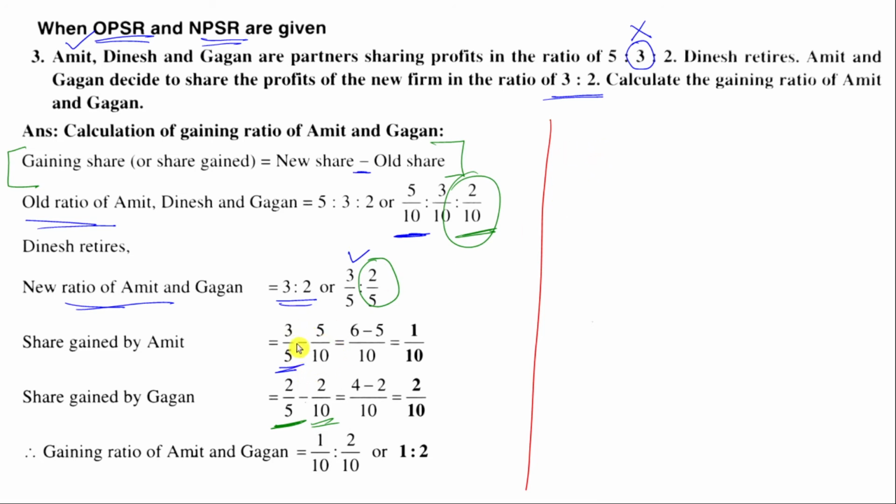We have two fractions, 3 by 5 and 5 by 10, which have different denominators. So first we need to find the LCM. The LCM for 5 and 10, 10 and 5, both are the same.